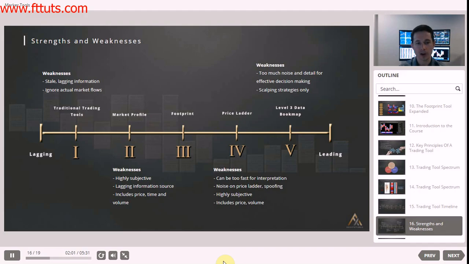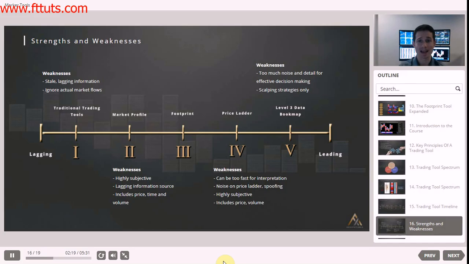Now, when we move on to the next tool, being the market profile, some of the weaknesses in the market profile include that it can be highly subjective. So because it's all about shape and pattern recognition, it can be quite subjective in nature. Also, it's quite a lagging informational source.